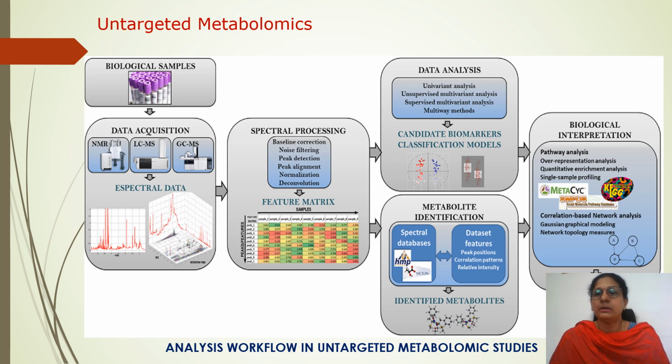Okay, over representation analysis, quantitative enrichment analysis, single sample profiling, correlation based network analysis, Gaussian graphical modeling, network topology measures, etc. So with the help of all these pathway analytical tools, we can interpret the biology at the end. Suppose a metabolite has been identified, then that interpretation has been done, and only then can we come to one conclusion. So this is the analysis workflow in an untargeted metabolomic study.